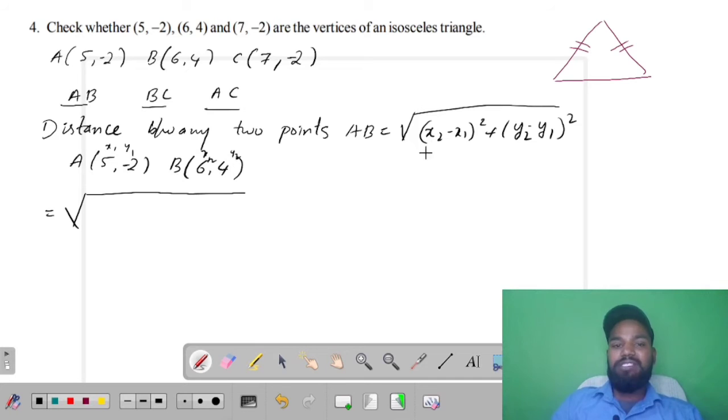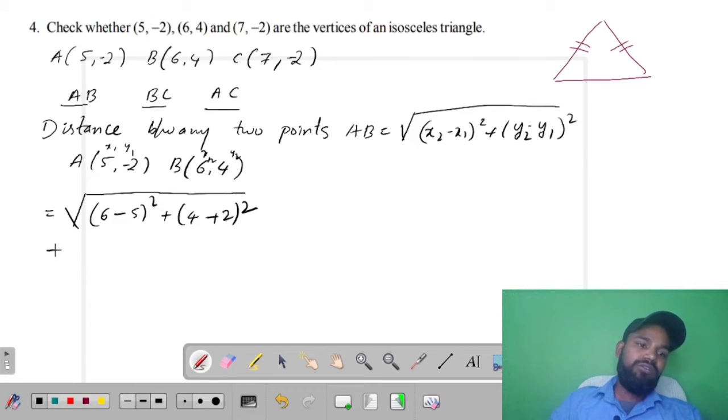Now x2 minus x1: x2 is 6, x1 is 5, plus y2 which is 4, minus y1 which is -2. Minus into minus is plus, so it is plus 2.